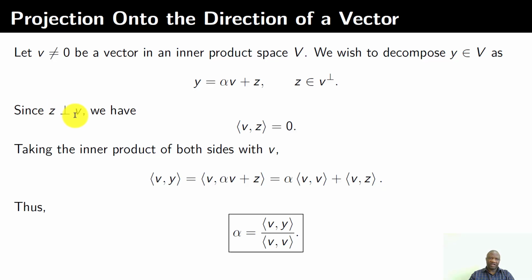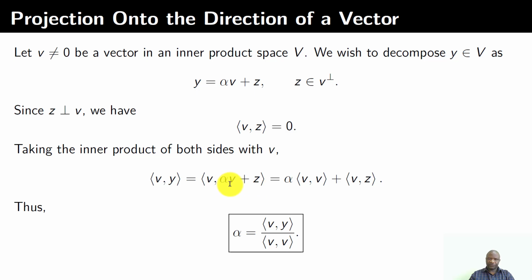Since z and v are orthogonal, it implies the inner product of v and z is 0. Now taking the inner product to both sides with v, that is, we take the inner product of v and y, with y being defined as alpha v plus z.